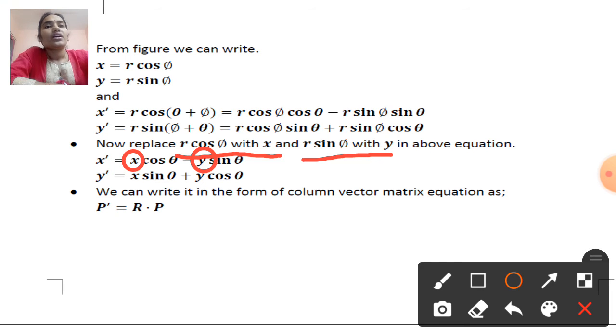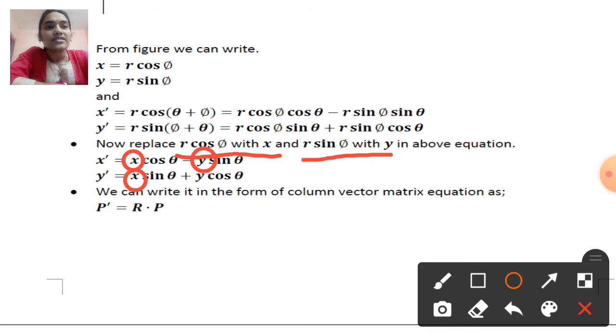Now in the y' formula, y' is r cos φ sin θ + r sin φ cos θ. In place of r cos φ we can write x, so here we can write x sin θ.